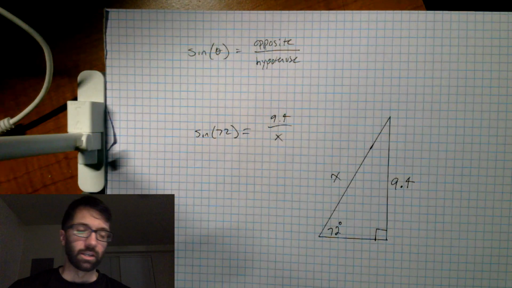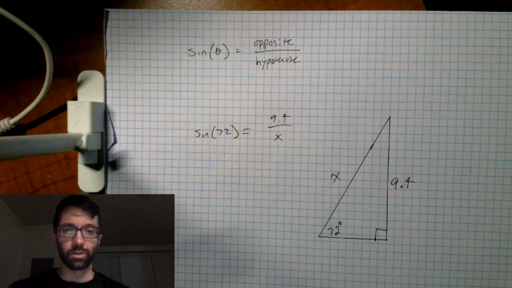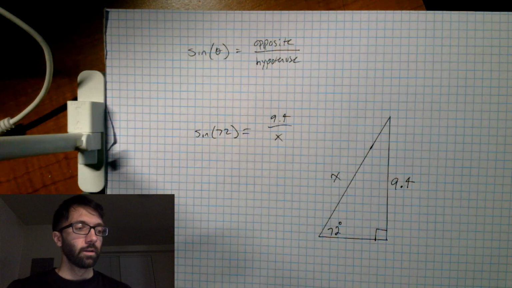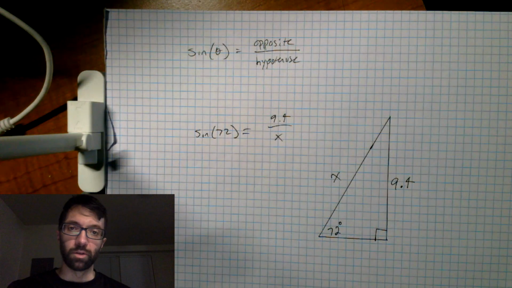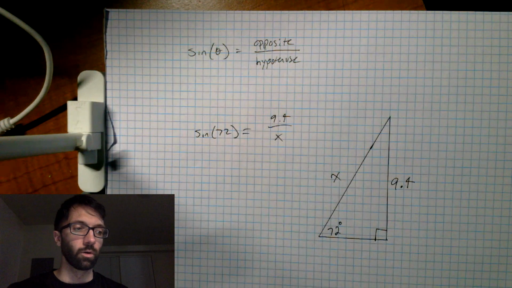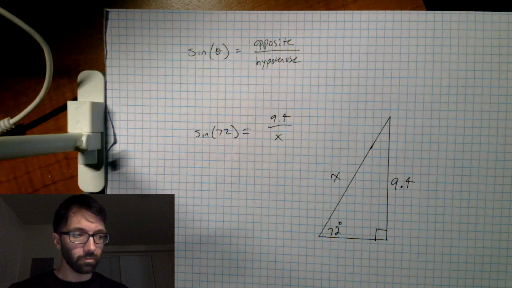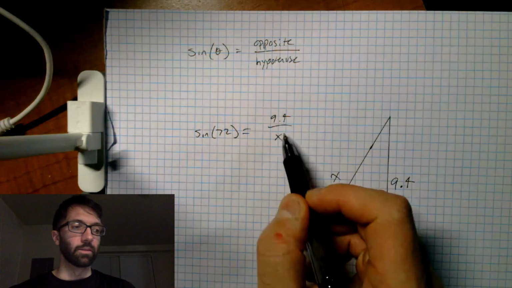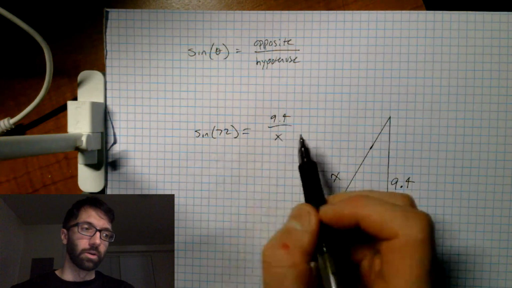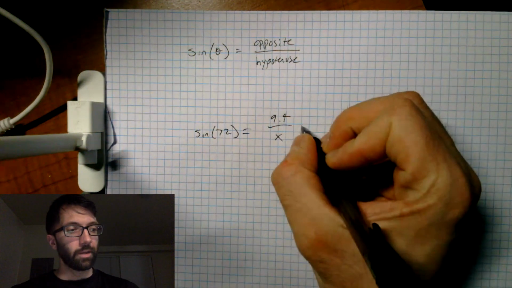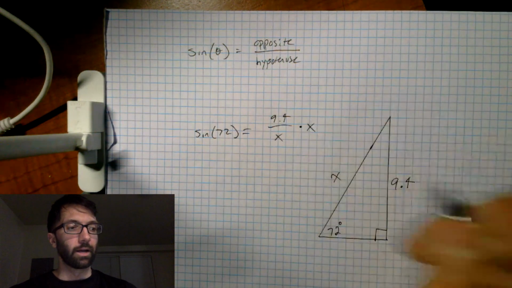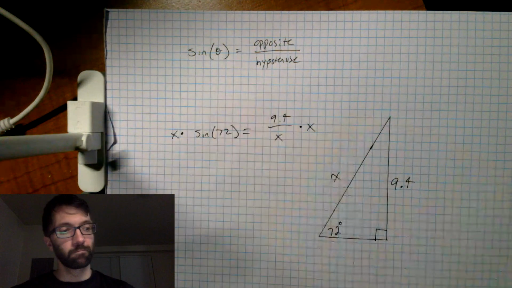This complicates things a little because my goal is still to get x by itself. I can't simply multiply both sides by 9.4 like I would in the last example. Instead, I'm going to get x out from underneath the denominator by multiplying both sides by x.